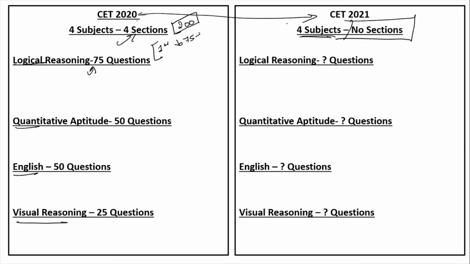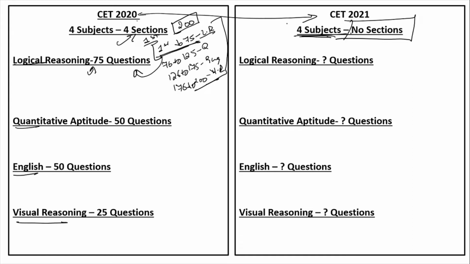So the first 75, let's suppose, were LR. 76 to 125, let's assume, were quant, 126 to 175 were English, and 176 to let's say 200 were visual reasoning. This is how the pattern of CET 2020 was. Basically all the 75 questions of logical reasoning were clubbed together in a sequence that formed the first section of your paper.